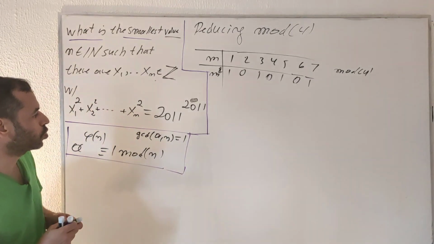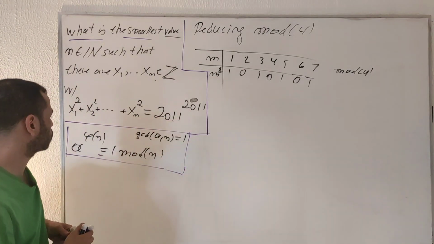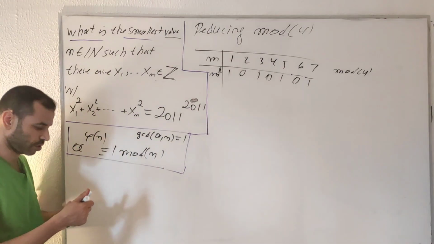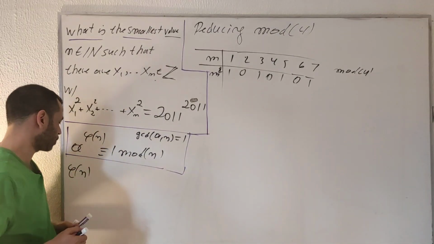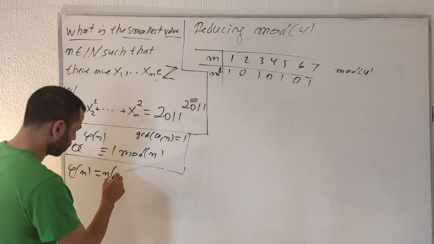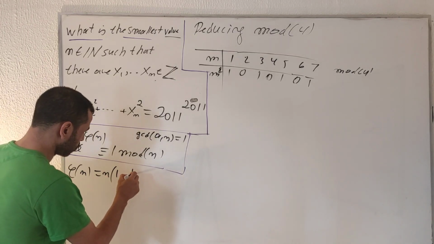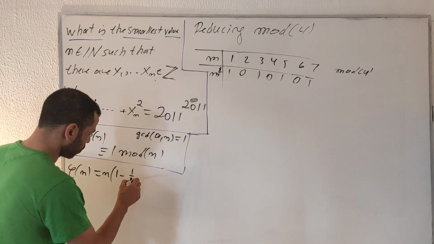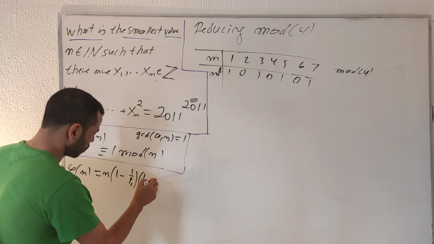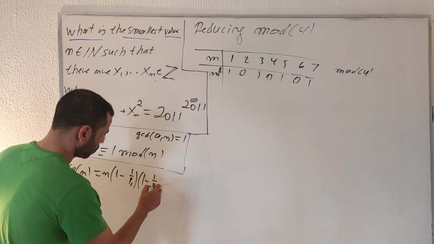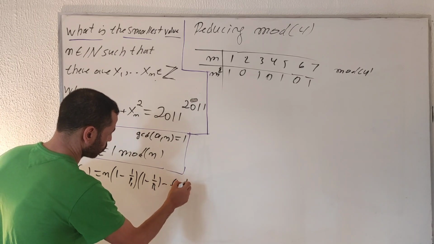So in order to apply the Euler theorem here, we are going to calculate phi of n first. There are two ways to calculate this. Phi of n is n multiplied by 1 minus 1 over P1, multiplied by 1 minus 1 over P2, and all the way down to 1 minus 1 over Pk.